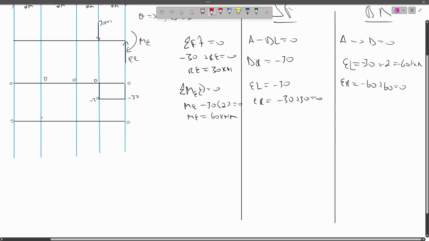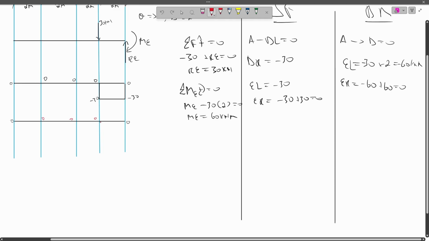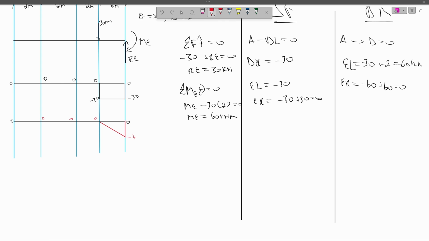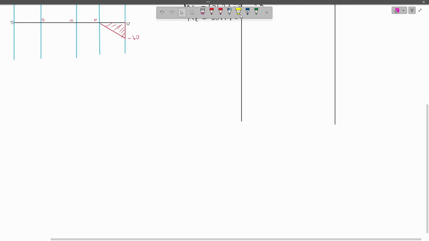We'll have 0 there, 0 there, 0, and 0. And then our E will be here at minus 60, and then back to 0. Now let's look at the diagrams for our UDL.